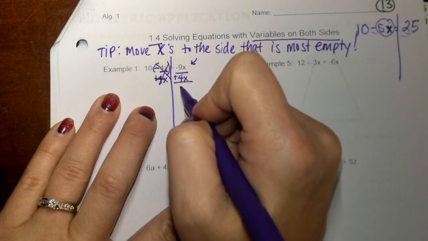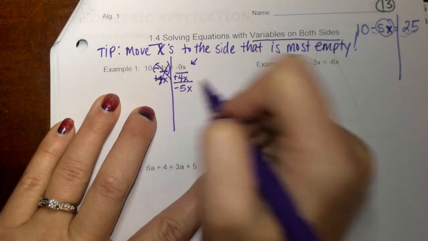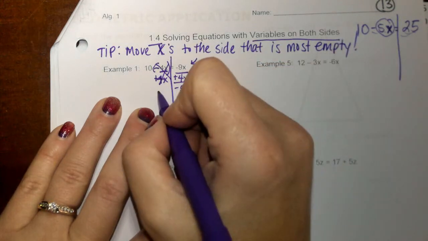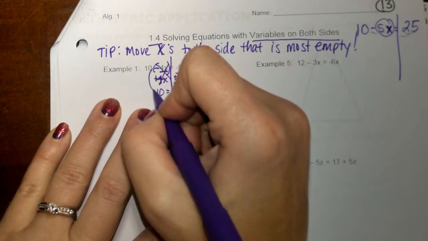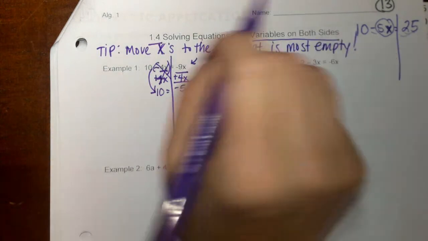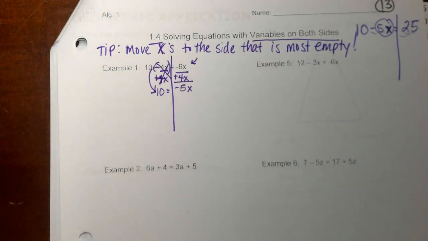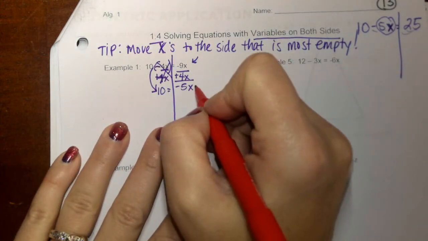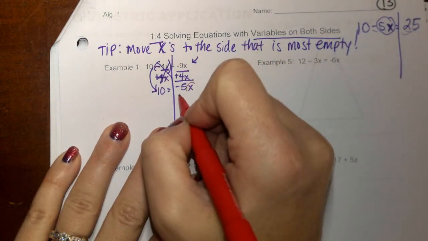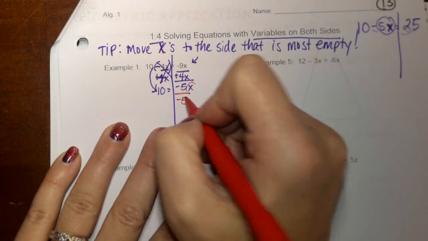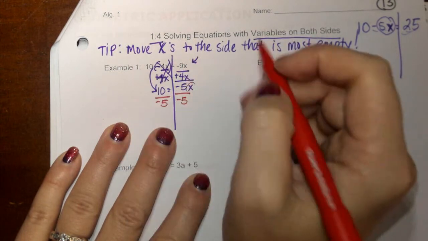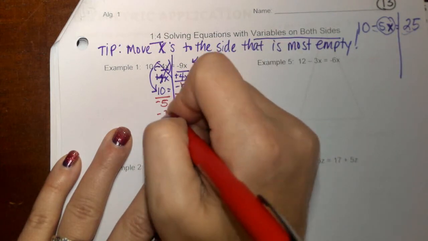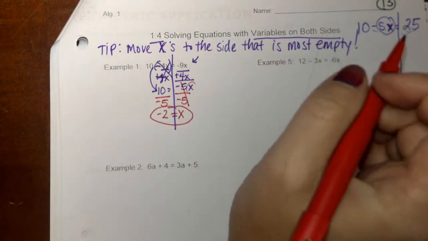When you have a negative and a positive, you get a negative answer here, a negative 5x, and you still have this 10. Okay? So now, switch colors. Now it's just a one-step equation. We have to get this x by itself, so to get that negative 5 off, we're going to divide by negative 5. That cancels out, and we just get 10 divided by negative 5 equals negative 2.